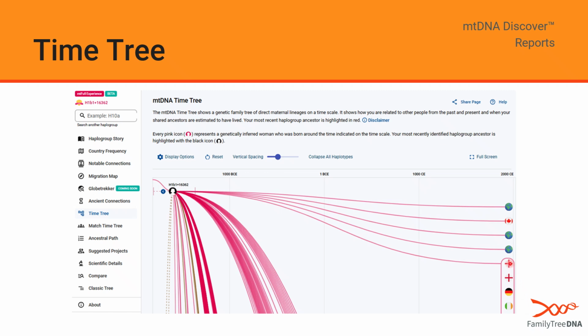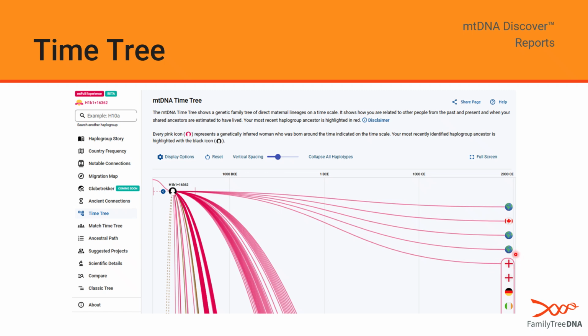So, for example, these are living people who tested their DNA, and they listed their maternal ancestors, so that way I can get an idea of where my maternal ancestors may have lived, may have migrated to, or where I might look for connections.